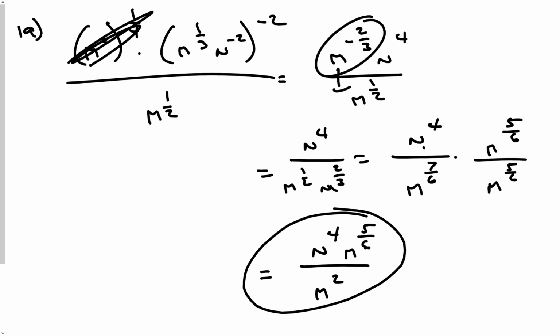So that's it. That'll be the last problem. Hopefully, after watching some of this, most of your questions about how to simplify a rational exponential expression have been answered. It's kind of just working with fractions, right?